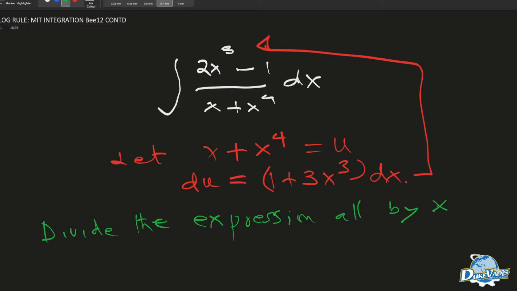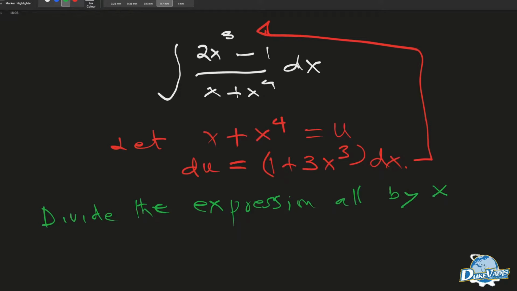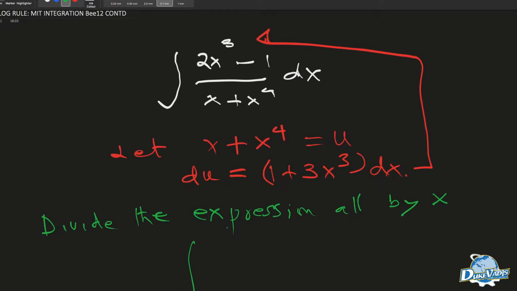If we do that, we are going to have the integral of (2x squared minus 1 over x) all divided by (1 plus x cubed) dx.